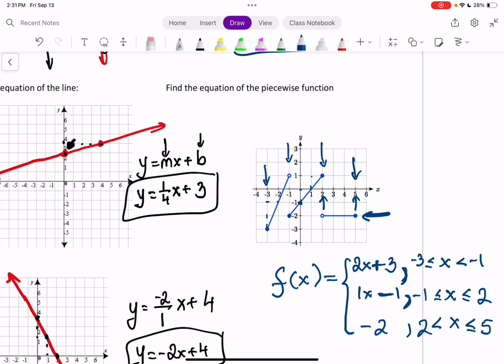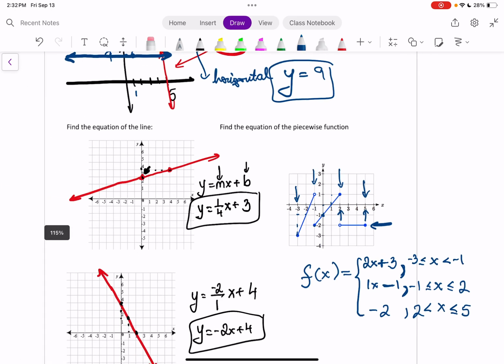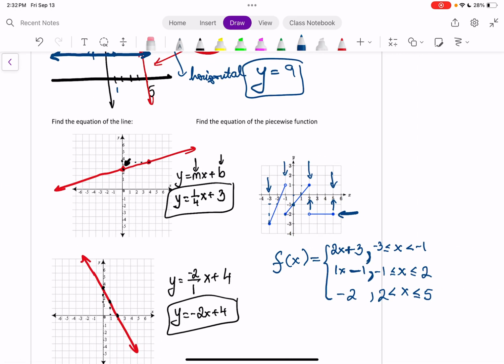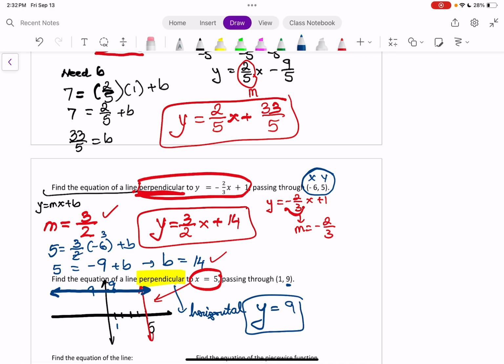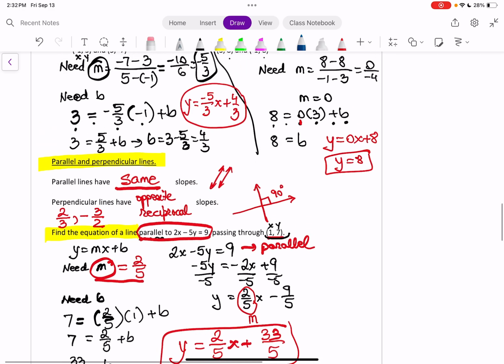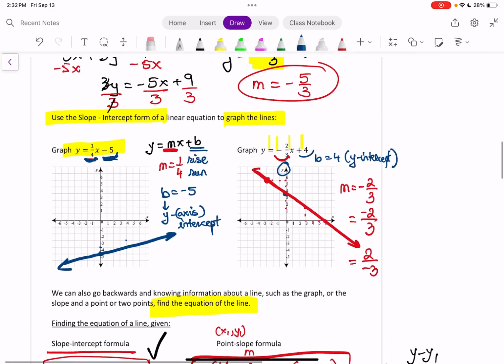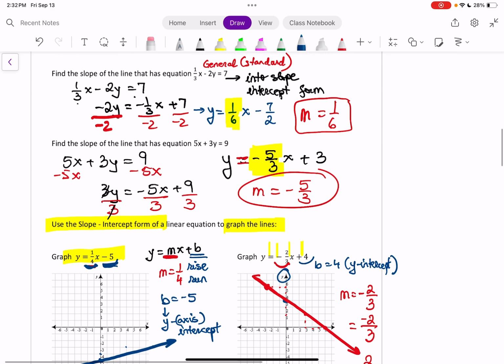So remember, in a piecewise defined function, we have different definitions. These are 3 different lines. And the definitions hold on different parts of the number line for x, right? So we did a lot of work drawing lines, knowing the equation, reading an equation if we knew the line, finding equations of lines if we knew slope and points, even parallel and perpendicular lines, or if we know the equations, finding the slopes.